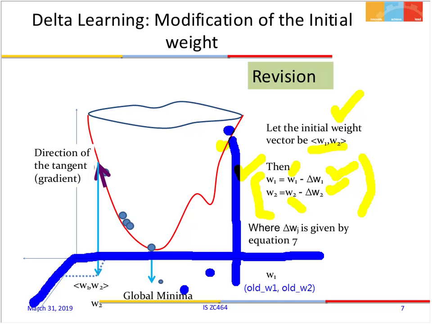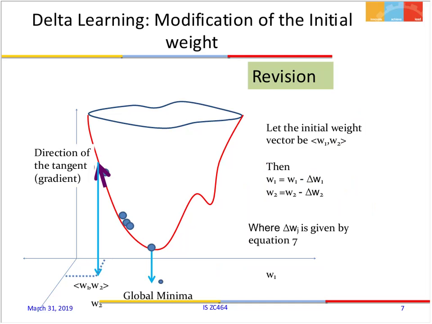With that, we had obtained this delta W1, and similarly delta W2 using the same expression which we just obtained. So if I have to move in this direction, I'll show you with a different color here. I'll show you how much I'm going to move to the new direction.